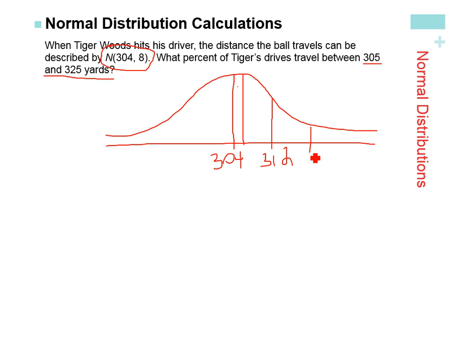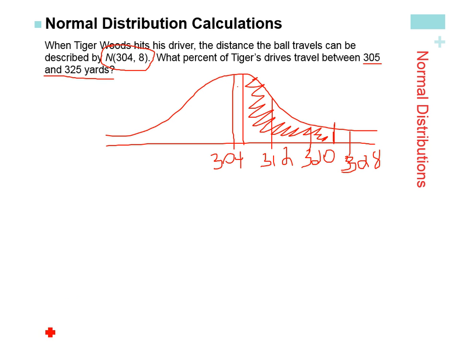A second standard deviation from the mean would be 320. And then a third standard deviation would be 328. So 325 might be, I don't know, maybe right about here. So I want to know what's the area under the normal curve. That's basically this right here.